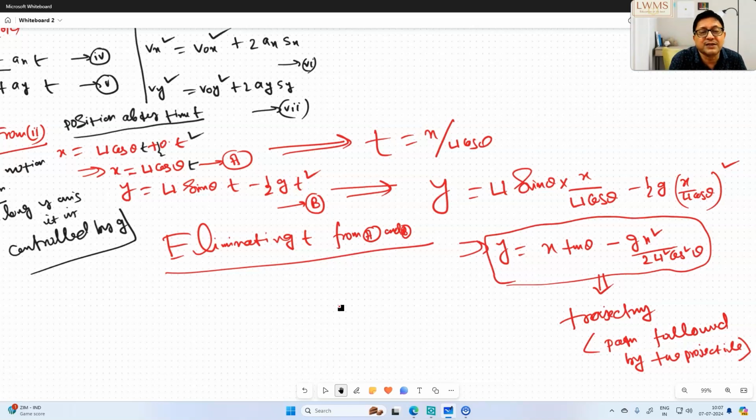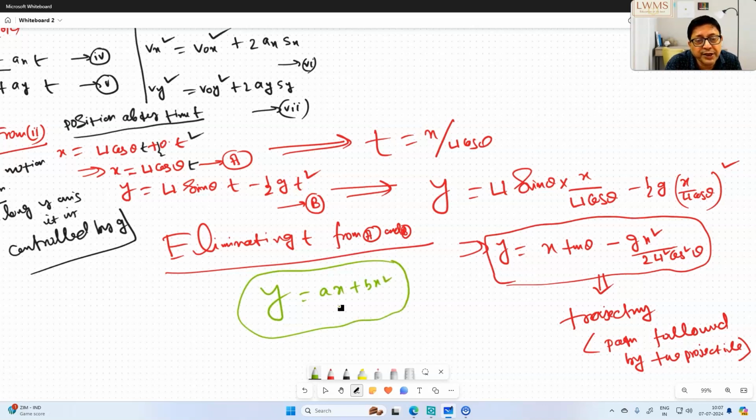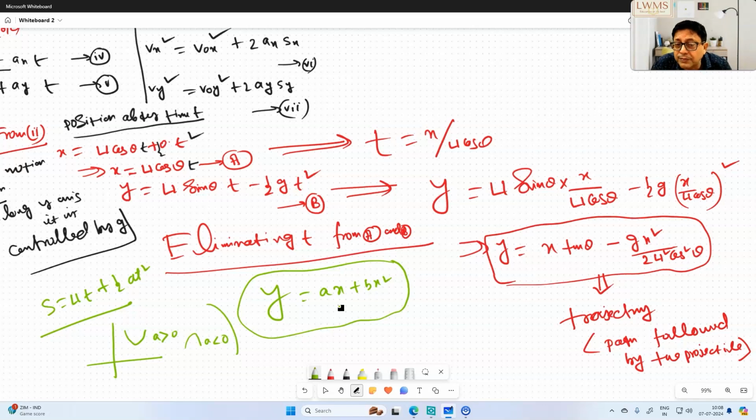What equation is this? See, parabola equation is y equal to ax plus bx square. In motion in 1D, you have seen the graph of s equal to ut plus half at square. When you are plotting it, the graph will be a parabola. It opens upward for a greater than 0 and opens downward for a less than 0. All these things you know. Similar equation I got here.